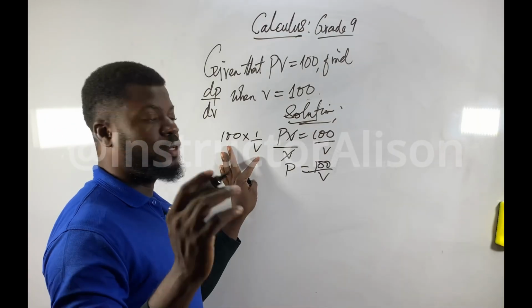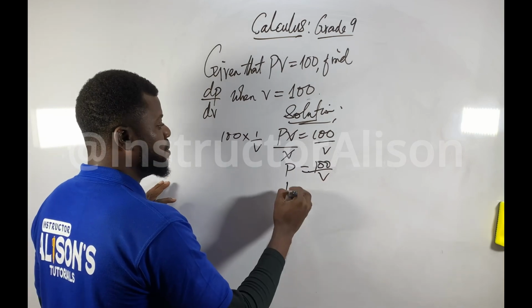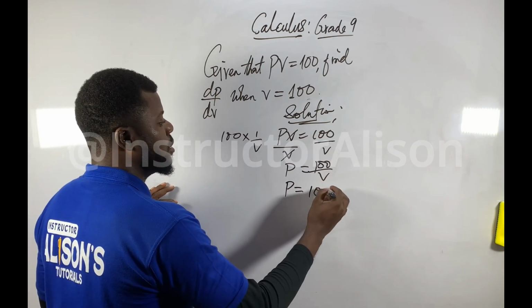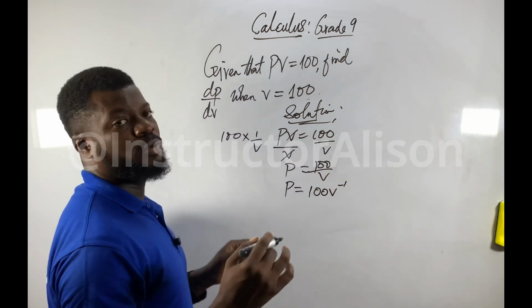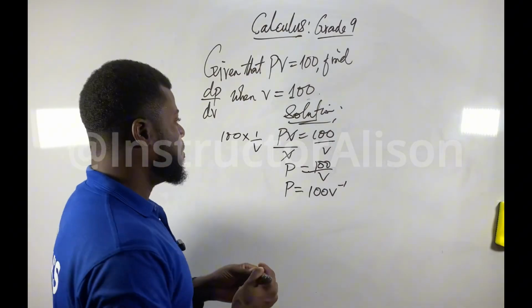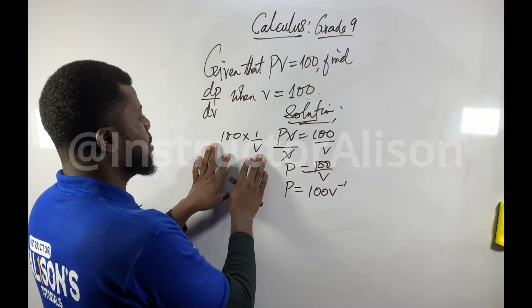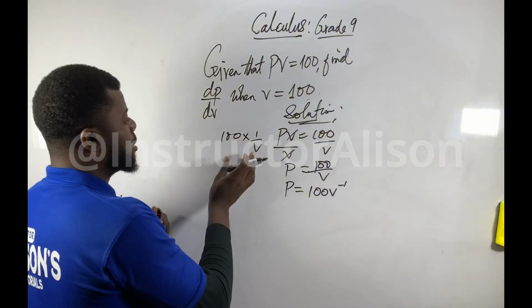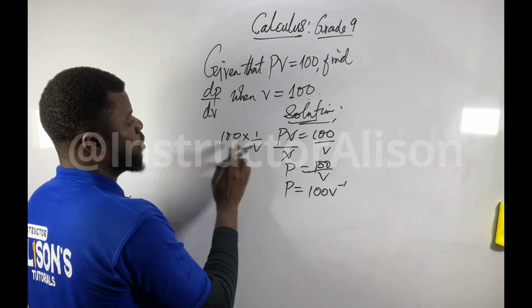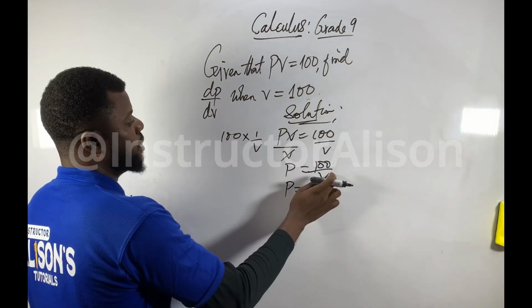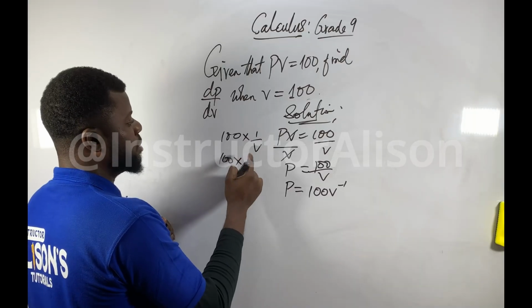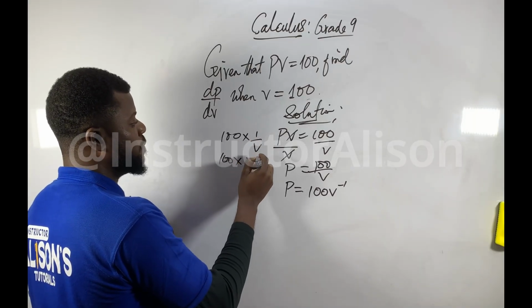I split it like this because from here you are going to get P equals 100 V to the power of minus 1. Some of you will ask how that happens. Let me first split it like this to let you know these are the same thing. We have 100 times 1 over V, but 1 over V is the same thing as V to the power of minus 1.